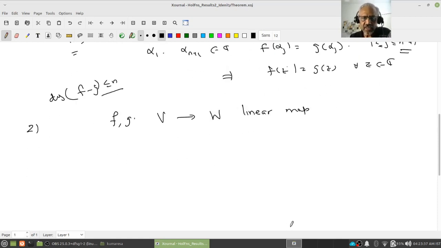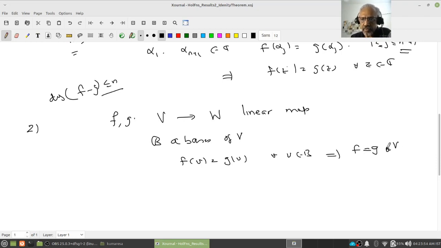Then we know that if B is a basis of V, and I check f(v) equal to g(v) for all v in the basis, then f equals g on V. In particular, if V is finite dimensional, to show f equals g, I only have to check f(v_i) equal to g(v_i), where v_1, v_2, ..., v_n is a basis.